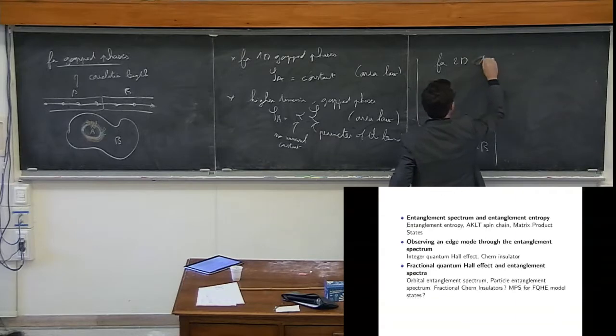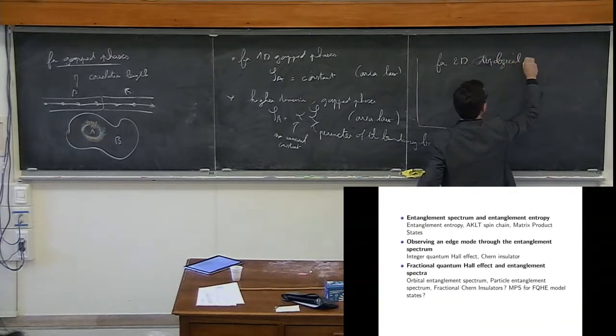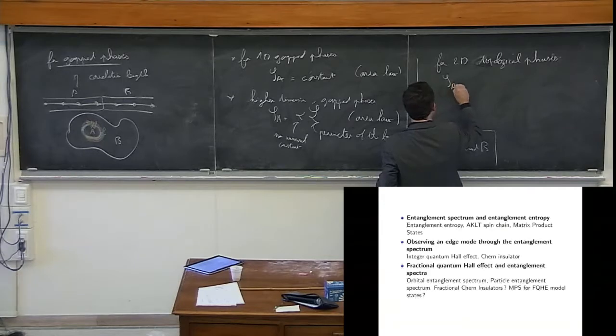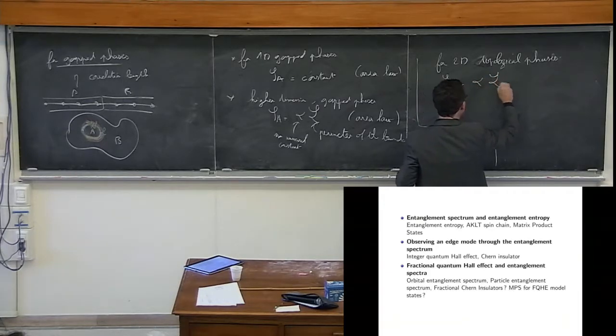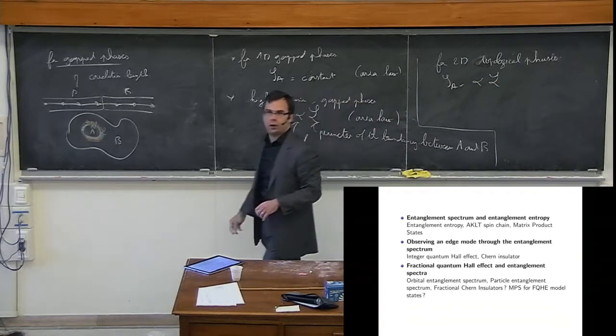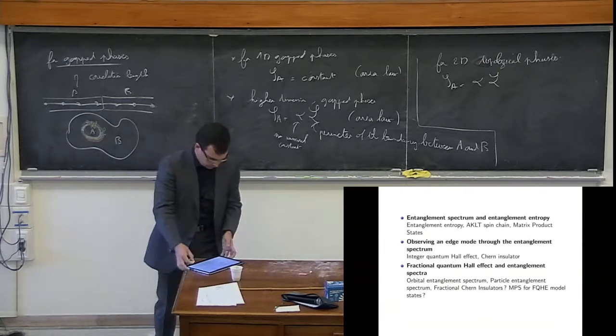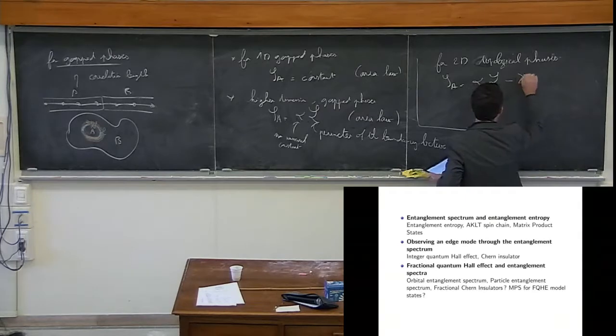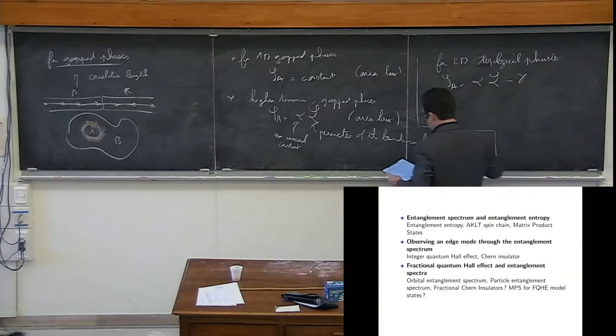So for 2D topological phases, the dominant term will still be linear with the perimeter of your system. And the first correction is actually a constant term, which is gamma. Gamma is called the topological entanglement entropy.